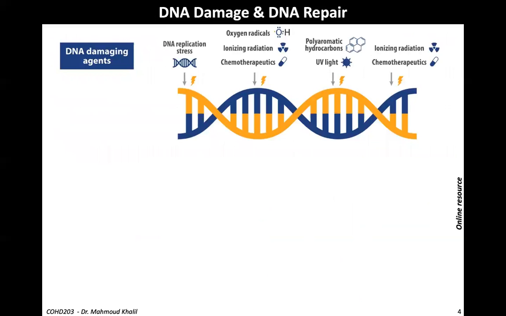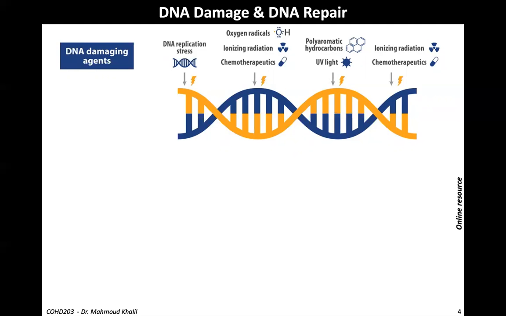So here we can see the relation between the DNA damage and DNA repair. There are a lot of damaging agents, including stress to the DNA, oxygen free radicals, ionizing radiations, chemotherapeutics, polyaromatic hydrocarbons, and UV lights.